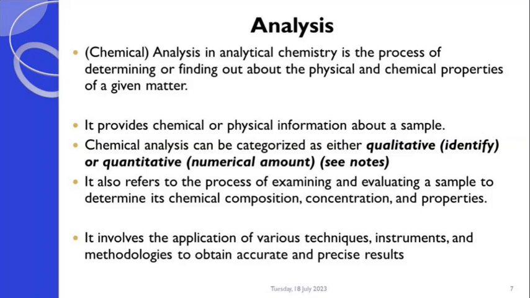The first of the terms that we'll be looking at is analysis. The word analysis in analytical chemistry has to do with finding out information, whether it is the chemical or the physical aspect about a sample of interest. For example, you'd have a piece of mango on the table.